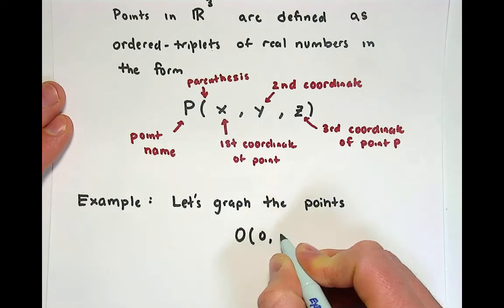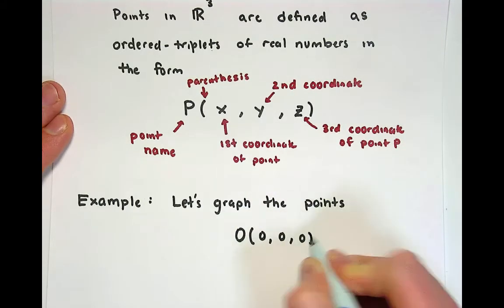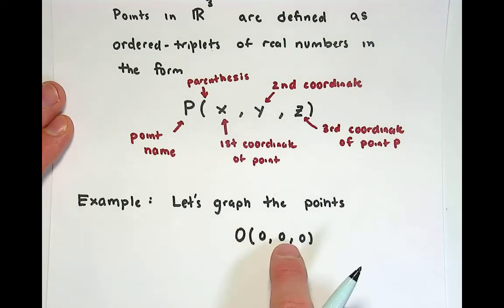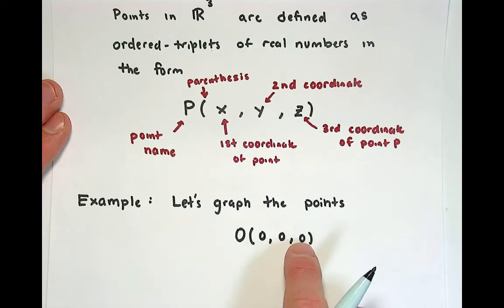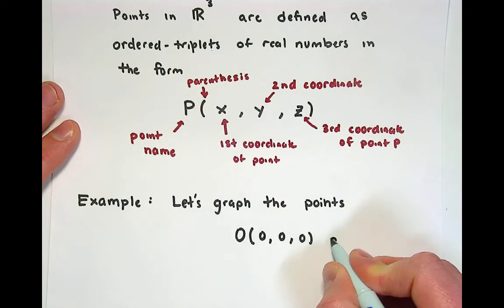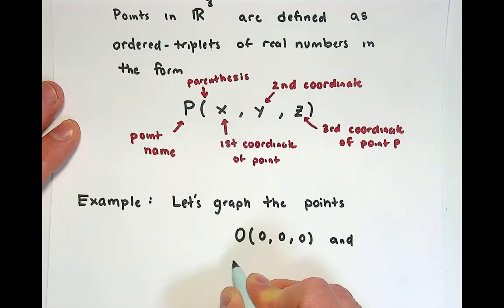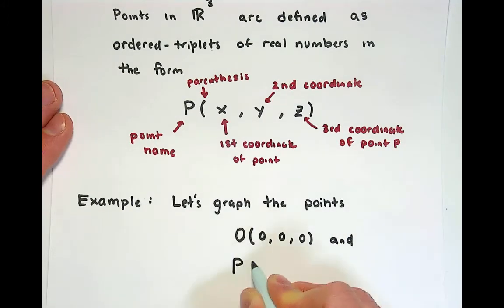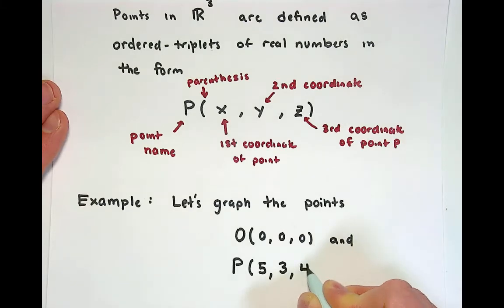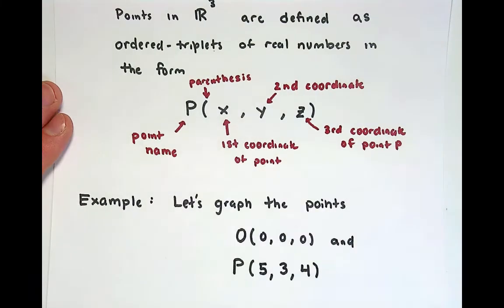This will be 0, 0, 0, meaning I move 0 units along the x-axis, 0 units along the y-axis, and 0 units along the z-axis. And then we'll graph the point P, 5 units along the x-axis, 3 units along the y-axis, and 4 units along the z-axis.